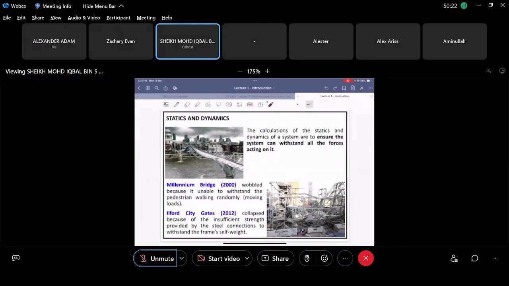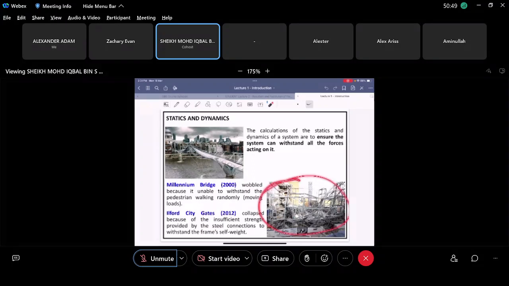If you don't counter the applied forces, the Millennium Bridge in 2000 wobbled because it was unable to withstand pedestrians walking randomly. There were moving loads, and they did not consider the load to be moving. Same thing here: the Hartford City gates collapsed because of insufficient strength provided by the steel connection to withstand the frame's self-weight.